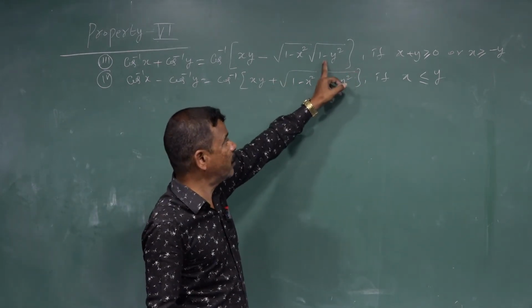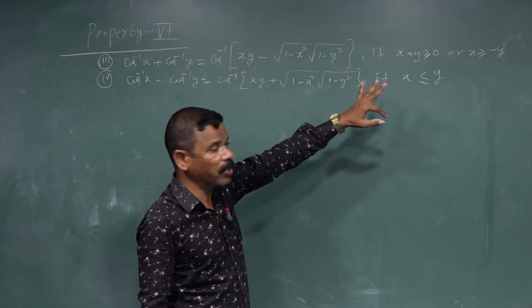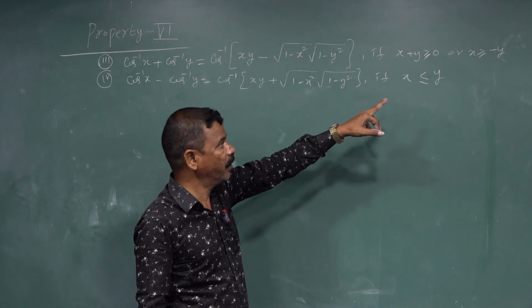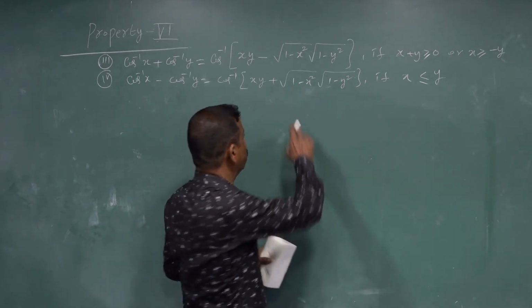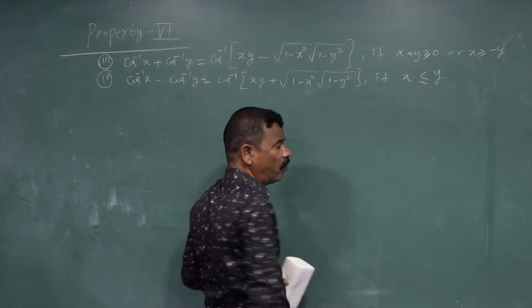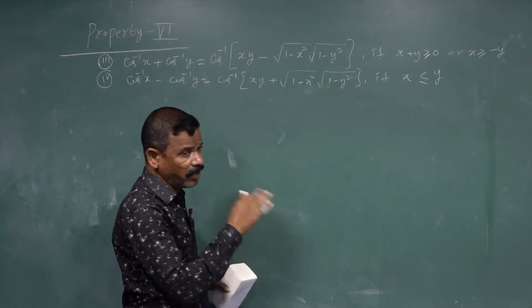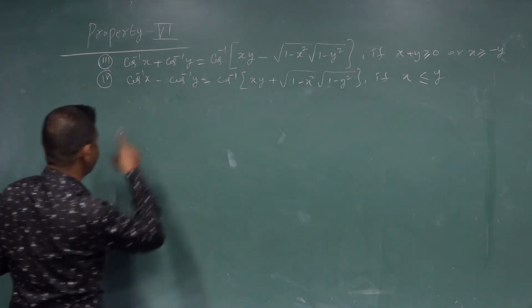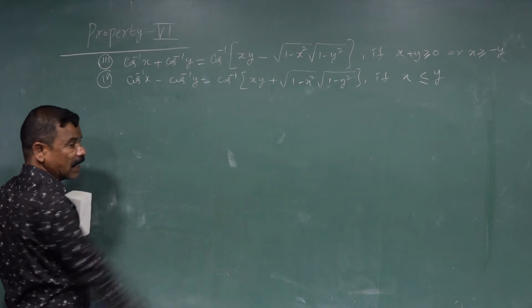The first condition is x plus y greater than or equal to 0, otherwise x greater than or equal to minus y. For the minus one, the condition is x less than or equal to y. So we proved the first one, and similarly we can prove the second also.